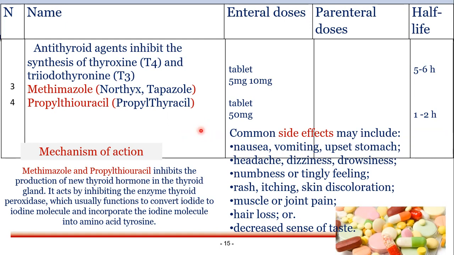Common side effects may include nausea, vomiting, upset stomach, headache, dizziness, drowsiness, numbness or tingly feeling, rash, itching, skin discoloration, muscle or joint pain, hair loss, or decreased sense of taste.